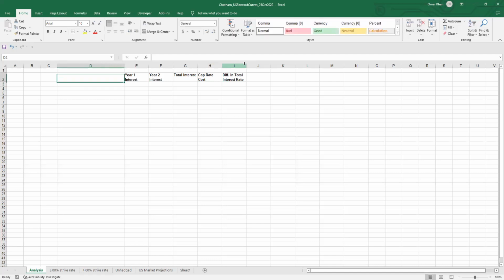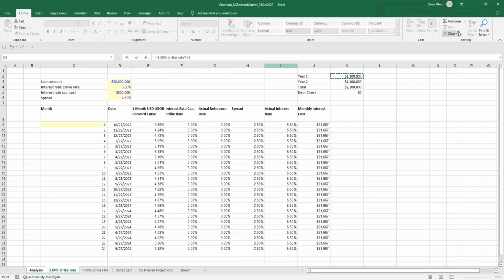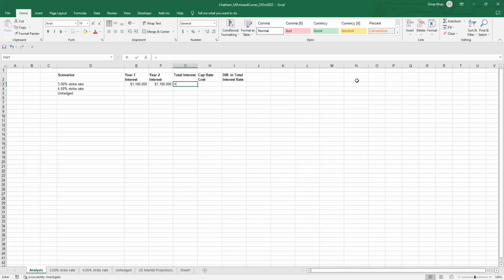This is what we're going to do. So we go, and these are our scenarios over here, right? So we have a 3.0% strike rate, a 4.0% strike rate, and an unhedged position, right? So we go year one. We just want to look at it as a table. We want to make our life easy, right? Year one is this. Year two is this. The total interest rate is this.